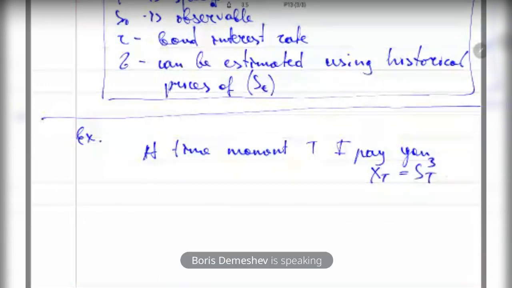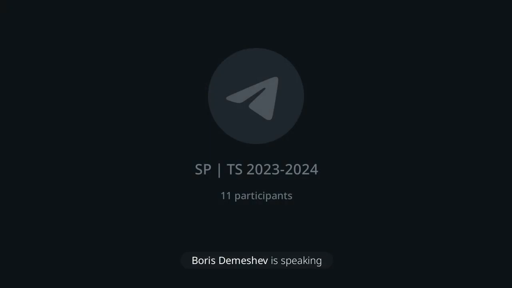So if the share price is 1, I pay you 1. If the share price is 2, I pay you $8. If the share price is 1/2, I pay 1/8, and so on. So that is a risky contract. I may pay you a lot, I may pay you almost nothing if the share price is low.